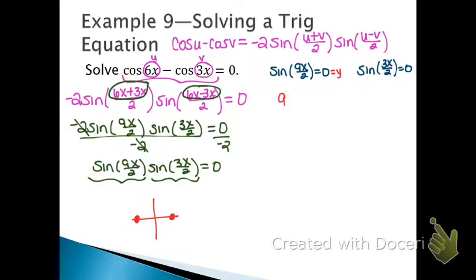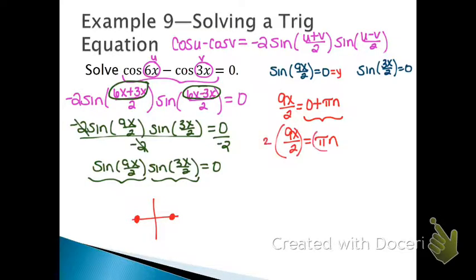So my 9x over 2 is equal to the smaller one, which is 0, plus pi n. Now, this is one of the very few times we can actually combine those. What is 0 plus pi n? Pi n. So 9x over 2 equals pi n. Now solve for x.